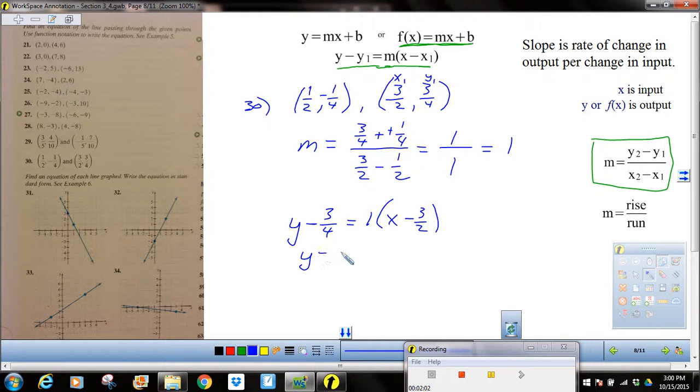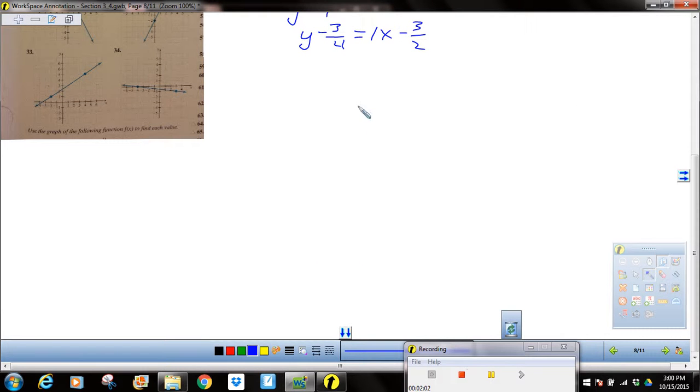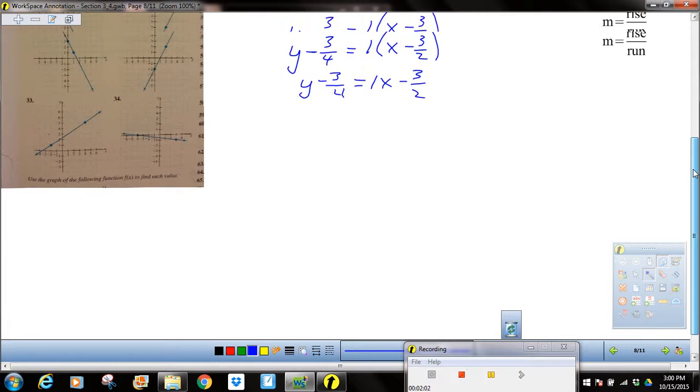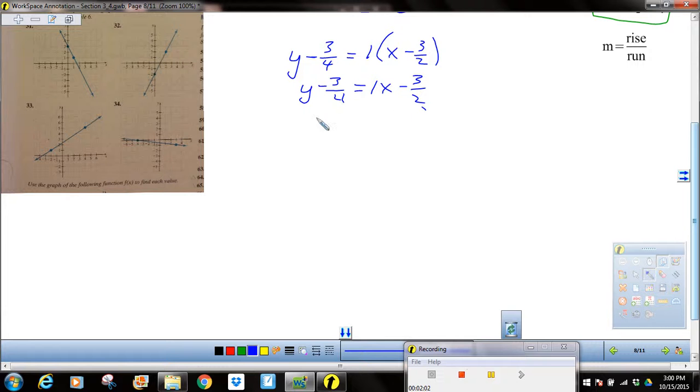First I get rid of parentheses. I'll multiply by the common denominator to get rid of the fractions, which is 4.